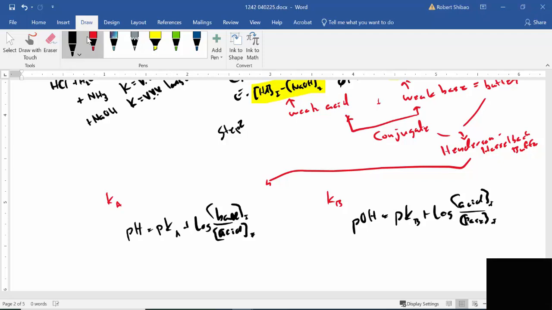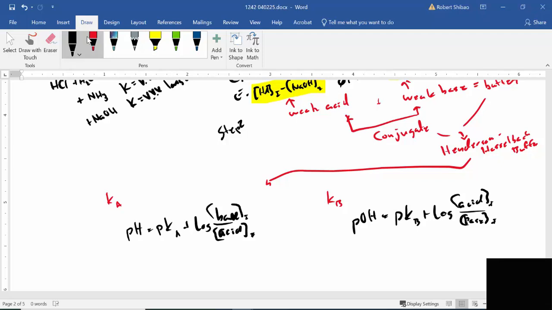Do I have to do both forms, the pH and the pOH form? The answer is no, because they describe the same equilibrium, correct? And the only difference is one describes the equilibrium in terms of pH, the other describes it in terms of pOH. So you know which form most people use?